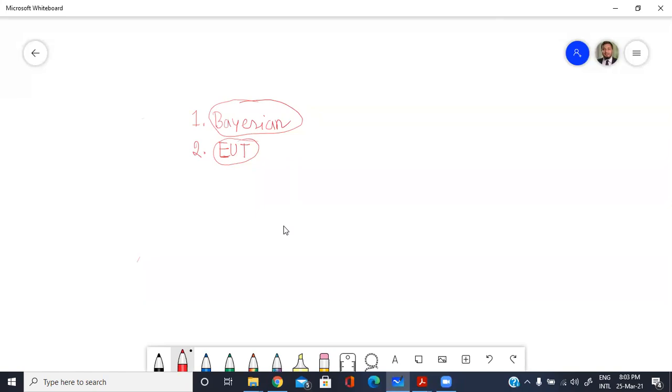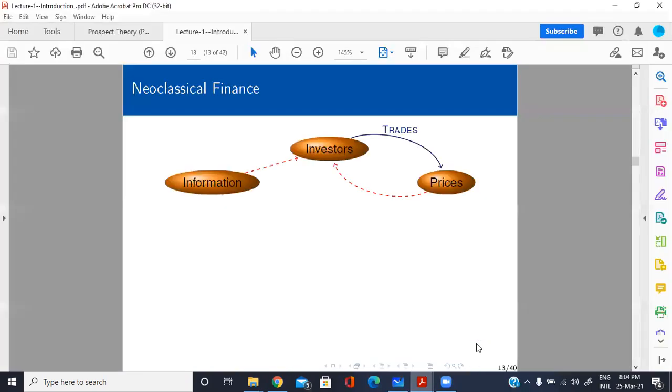So we have evidence that people do not use this. People do not conform to these axioms. That's why we see that most people are different from what is expected by neoclassical finance, or what has been assumed as rational people.